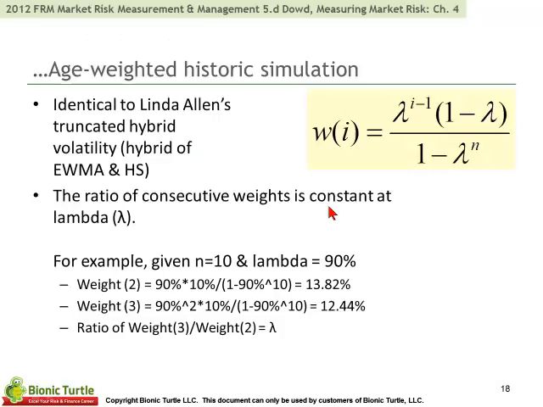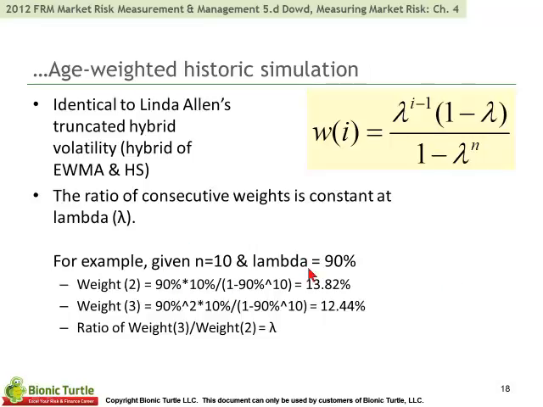So in age weighting, this is identical to Linda Allen's truncated hybrid volatility, which is a hybrid of exponentially weighted moving average and historical simulation. So the weights here are in constant proportion at lambda. And then I have an example here.